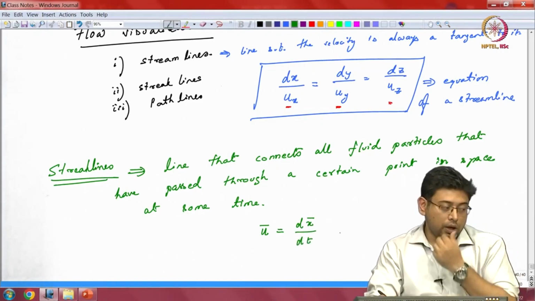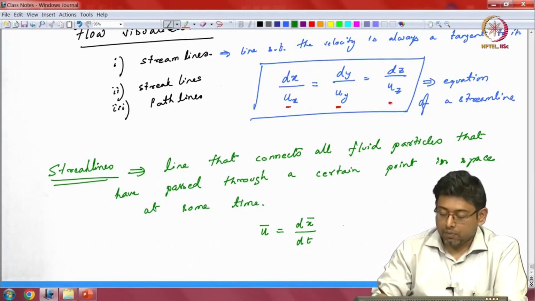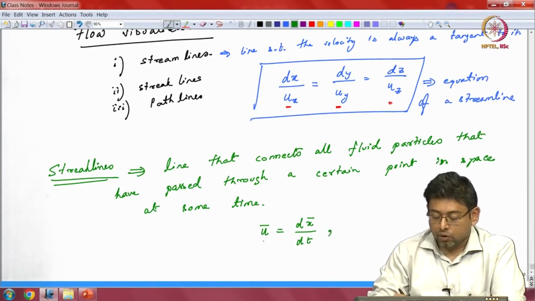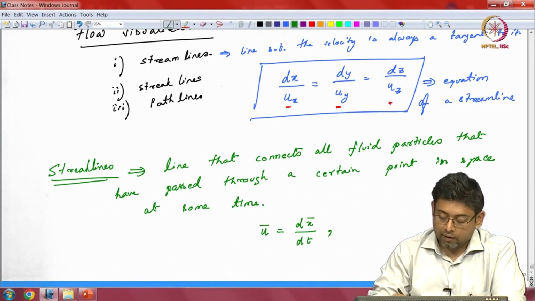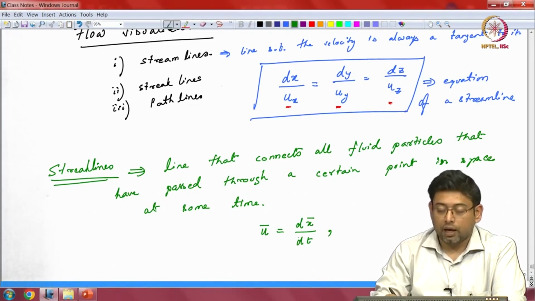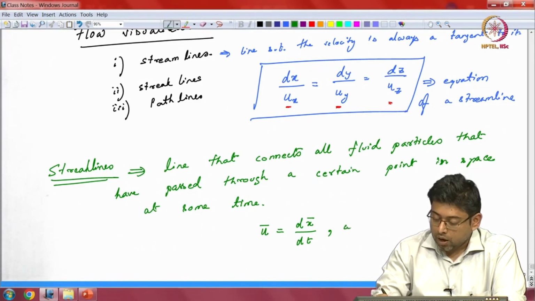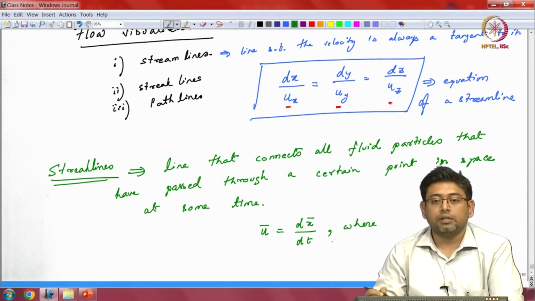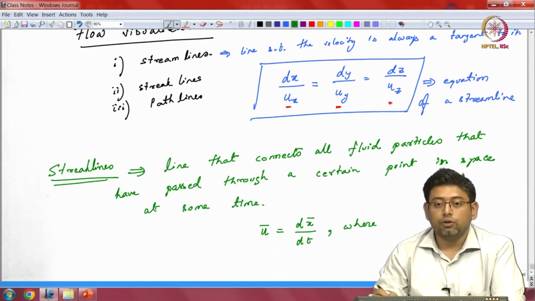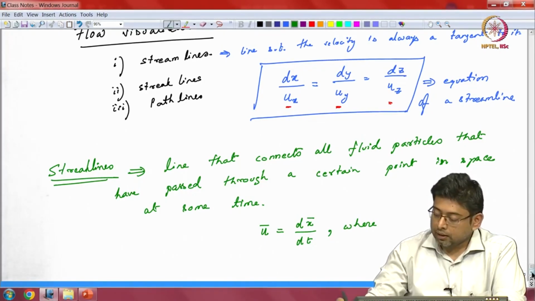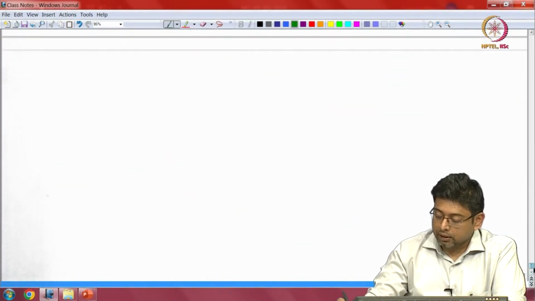Right. So, the equation that describes them just says that you have to equate your Eulerian velocity field to the Lagrangian velocity of the fluid particle, where this equation, which represents an ordinary differential equation, has to be solved under a certain condition.